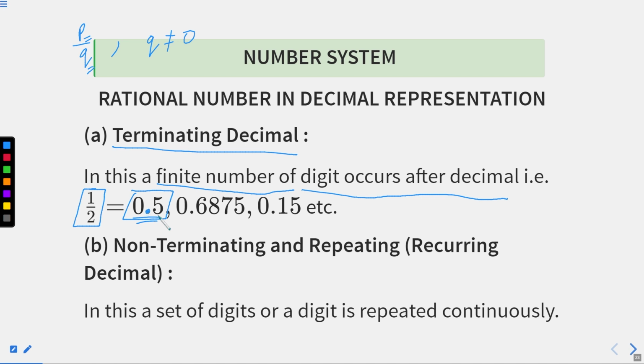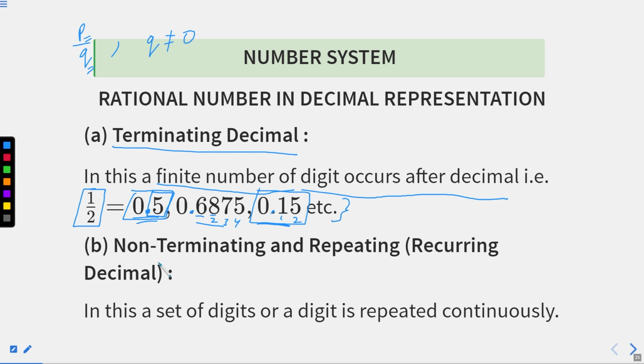Here, to the right of the decimal there is only one digit, a finite number of digits. Similarly here, 1 2 3 4, only 4 digits are given, so it is terminating. Similarly, 2 digits are given to the right side of the decimal, so it is terminating. So all these decimal forms are rational numbers.